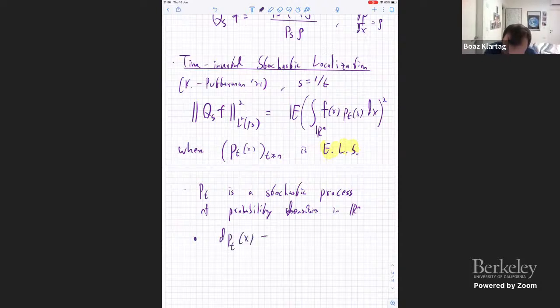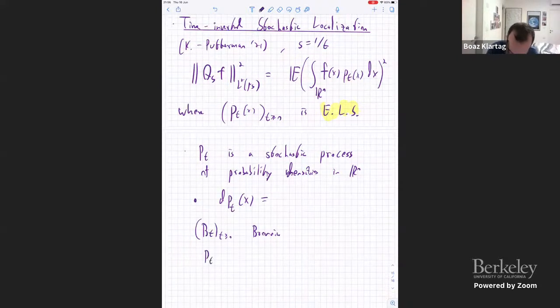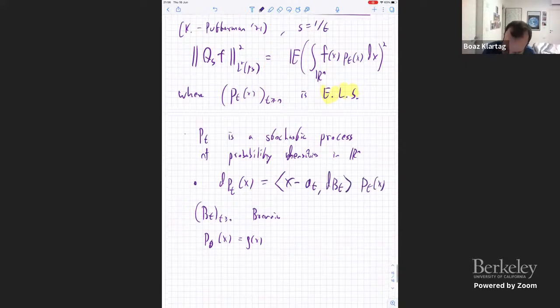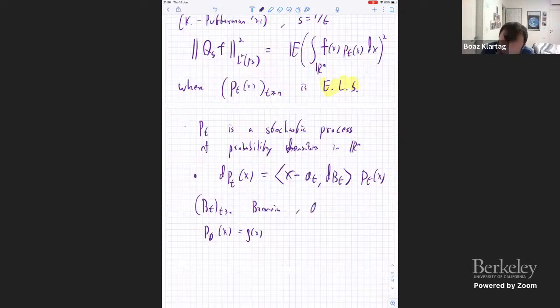I have some Brownian motion, and I begin at time 0 with P0 equal to rho. Then at any little time interval, I multiply by my function, and AT is the barycenter of PT.